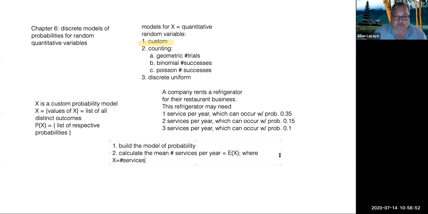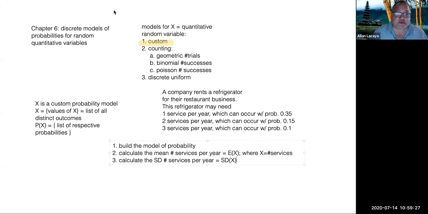And thirdly, calculate the standard deviation of number of services per year. A number that is just like in chapter 3, standard deviation, whose purpose it is to measure how things can be different than expected. So sometimes a refrigerator might need more services than expected, sometimes fewer services than expected.